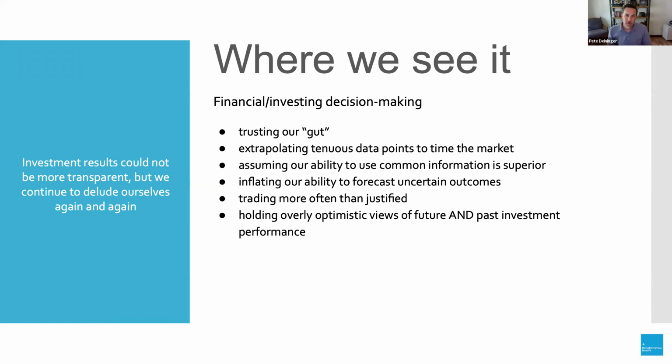David, I'll pick on you, but I'm pretty sure that when you bought GoPro, there wasn't any information that you had that was specific to you or that you'd uncovered that no one in the market had seen yet. But we have a tendency to feel that how we use that information is better than other people.